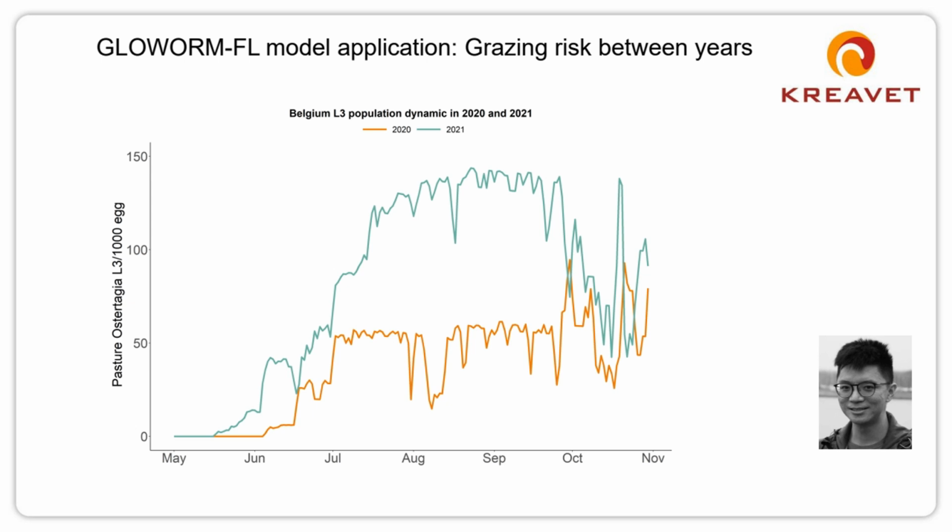And you can see there was a dramatic difference in the expected pasture contamination, almost 3-fold between the 2 years. So again, the differences in weather circumstances have increased, and this will lead to greater variation and greater differences between different years in the parasite levels.